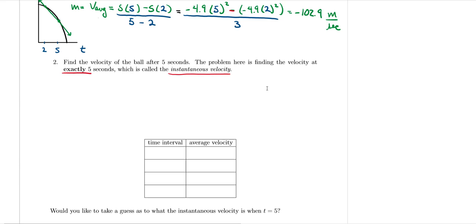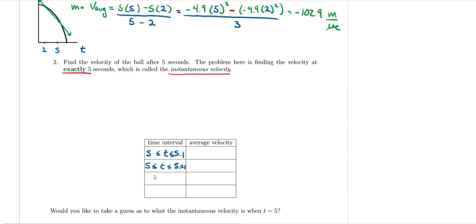So I'm thinking we can find the average velocity between 5 and 5.1 seconds, but we can get smaller intervals. What would be the average velocity between 5 and 5.01 seconds?